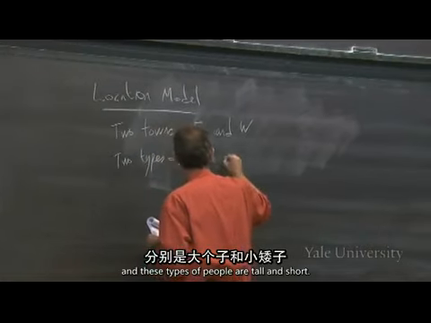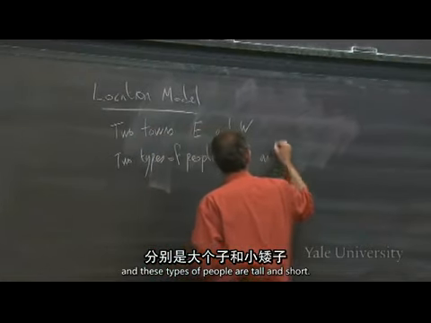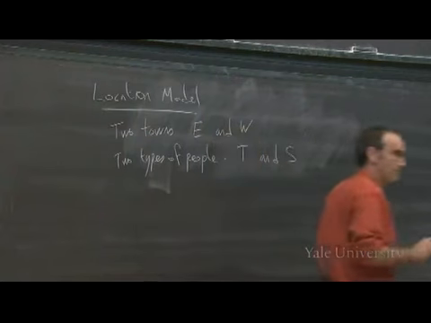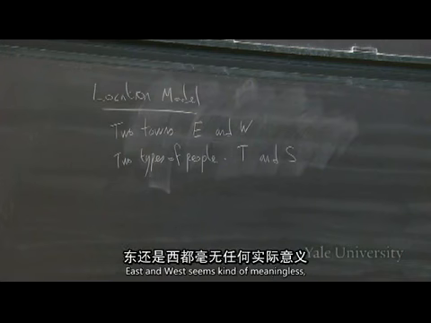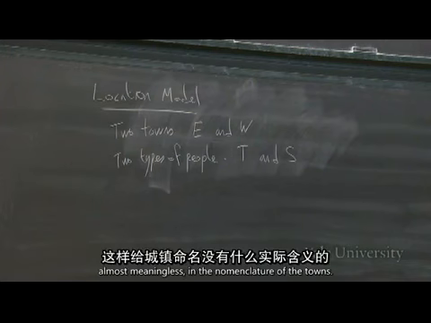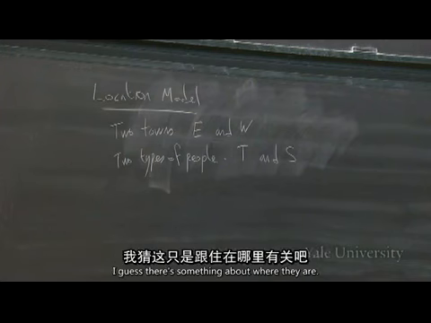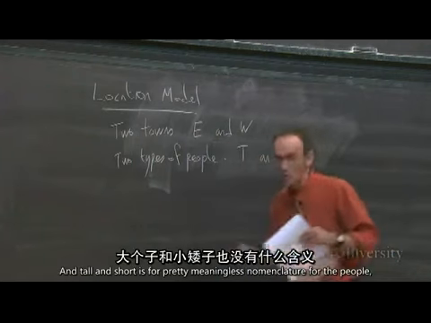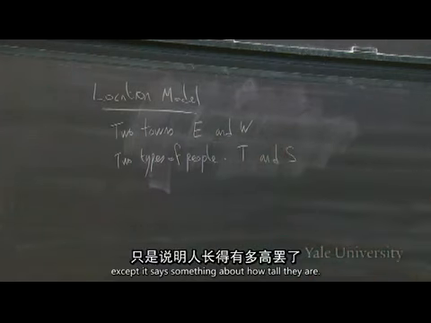These types of people are tall and short. All right? And deliberately, this is arbitrary. East and West is almost meaningless nomenclature for the towns, except I guess it says something about where they are, and tall and short is pretty meaningless nomenclature for the people, except as it says something about how tall they are.